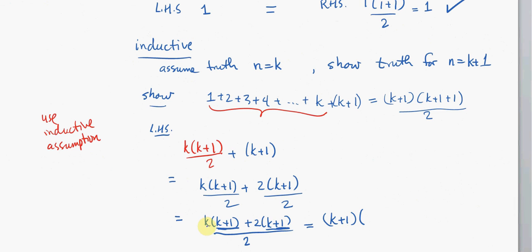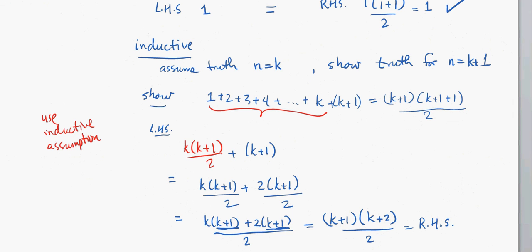What we're left with is k and 2, all of this over 2, which as you see is equal to the right-hand side, k plus 1 times k plus 2, and that's the same as k plus 1 plus 1. So this is equal to the right-hand side, and thus the proof is complete.